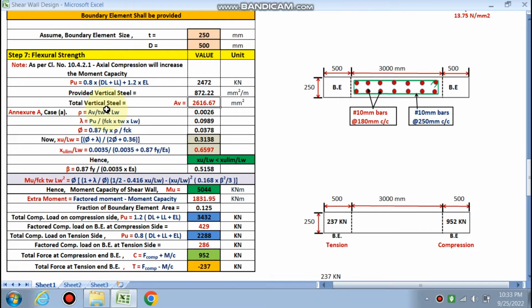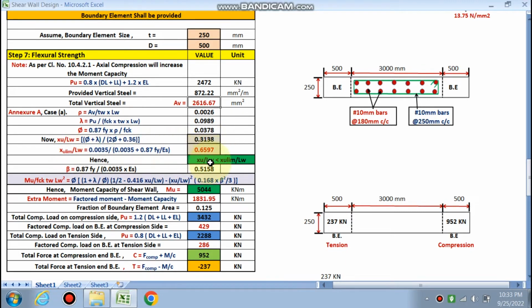Av is calculated, Tw is the thickness of the wall, Lw is the length of the wall. So this constant is 0.0026. Lambda is this much, known by this formula. Phi is this much. Xu by Lw is 3.3138 and Xu limiting by Lw is this much.